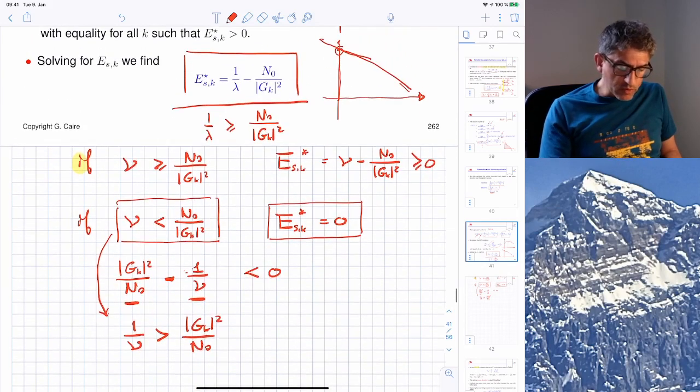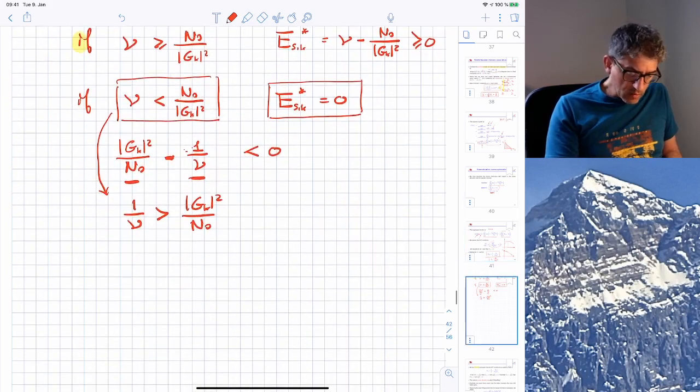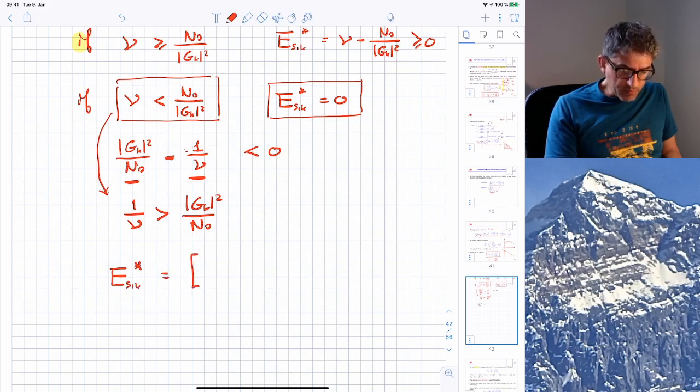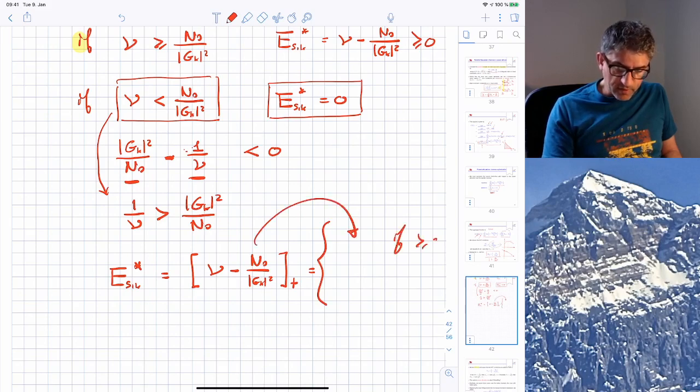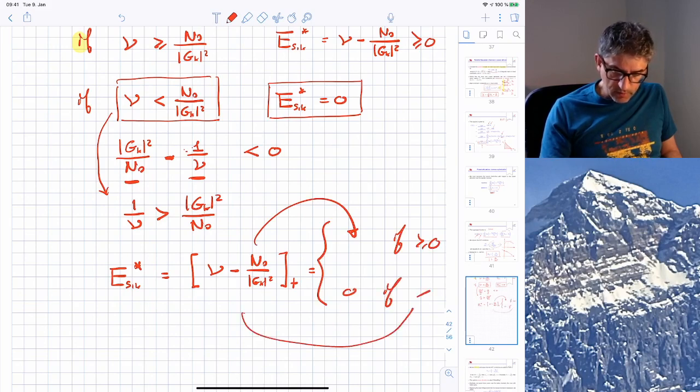So putting these two things together, we can write E_k star as the positive part of the difference nu minus n0 divided by g_k squared. Positive part means this is equal to the argument if greater or equal than 0, or 0 if the argument is negative.